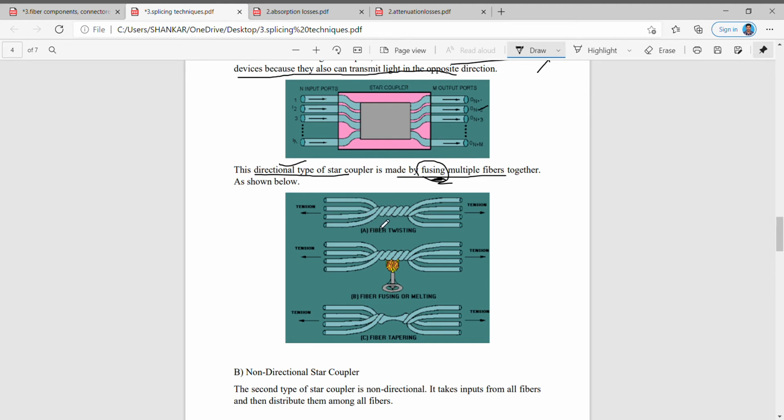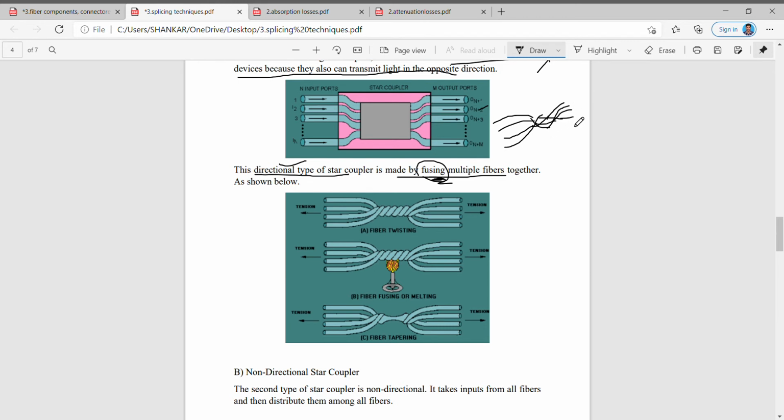See, this is the fiber twisting. Suppose we have four fibers. These four fibers are twisted here and give the four outputs.